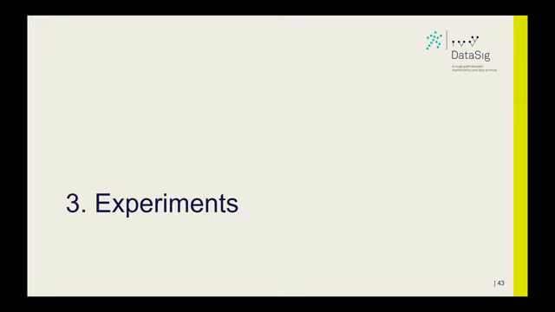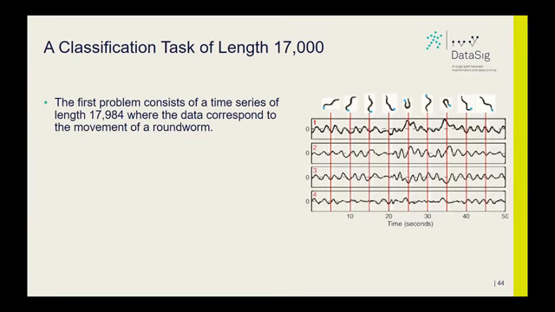So this is just some examples of a few experiments we tried. This is a classification task for a problem that has a sample length of over 17,000, so this one's nearly 18,000 in fact.